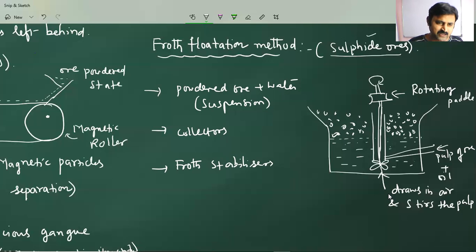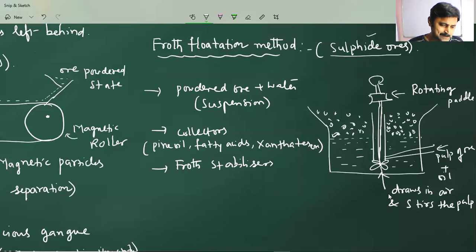In the case of collectors, the collectors may be pine oil, or fatty acids, or xanthates, sodium or potassium xanthates, etc. Froth stabilizers, what are froth stabilizers?